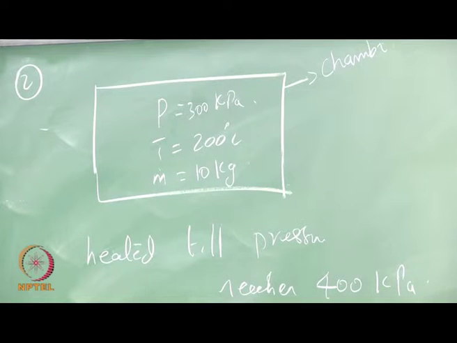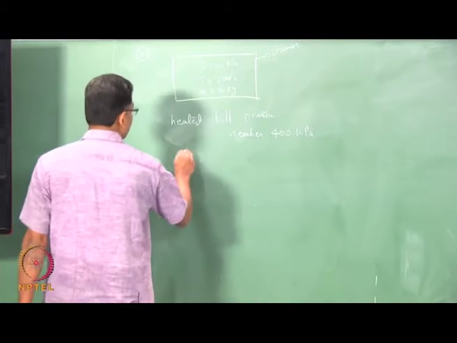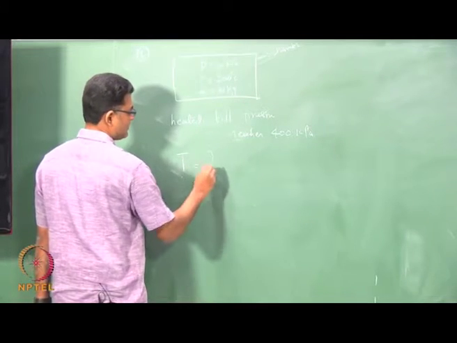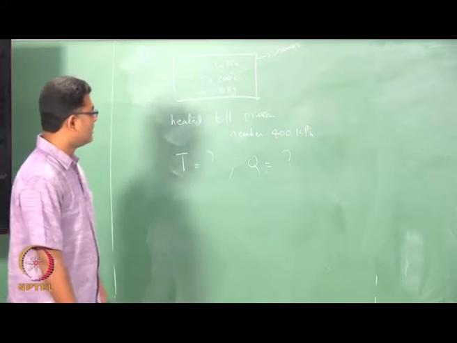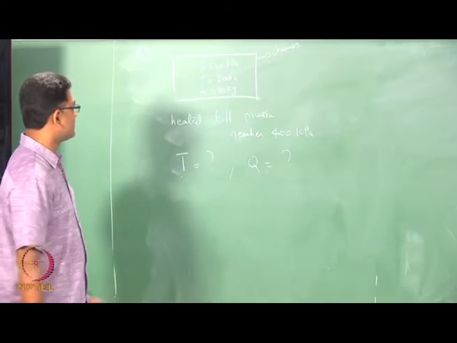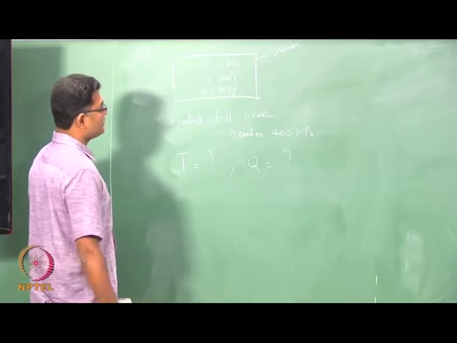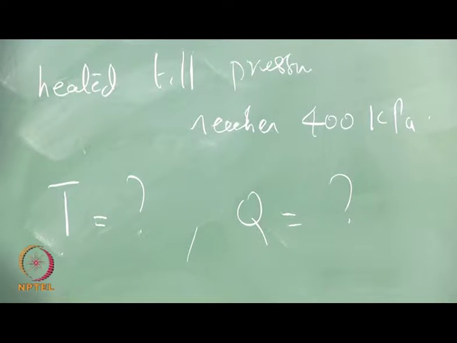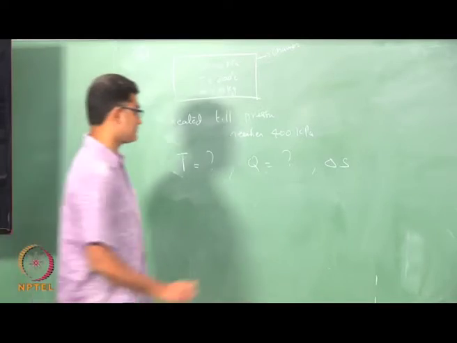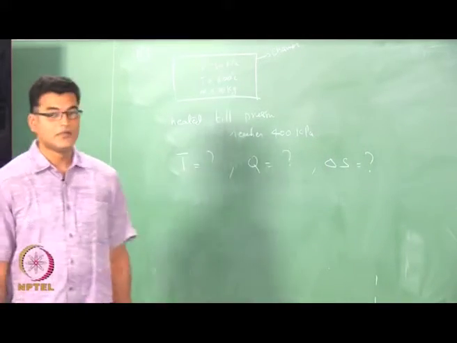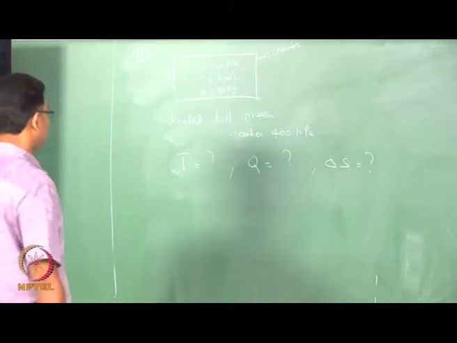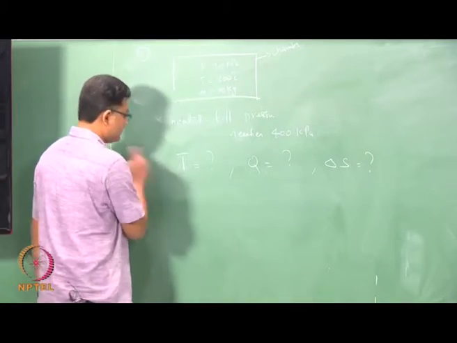Now, find the Q required to heat this chamber to the pressure of 400 kilopascal, and find your entropy change. Okay.